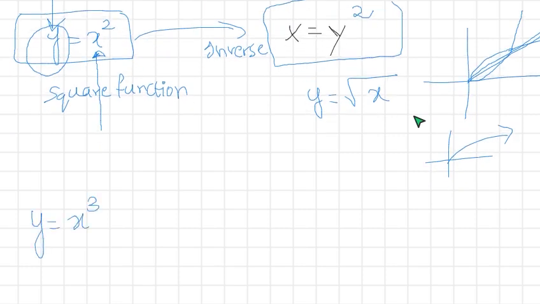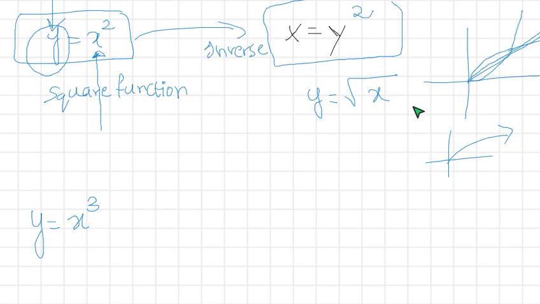Okay. Can you find the inverse of, let's say, cube function? Cube root x. y equals cube root x.